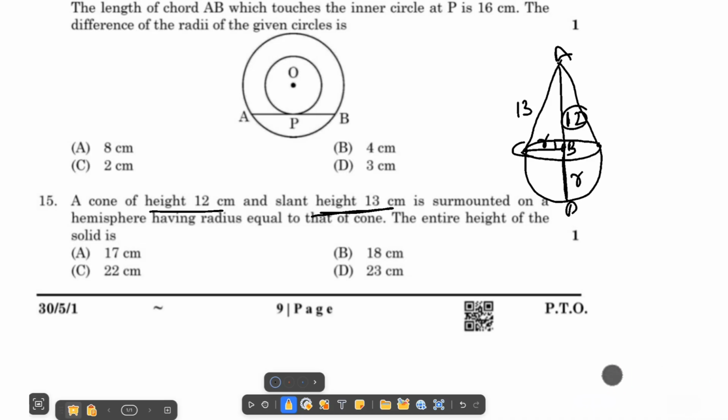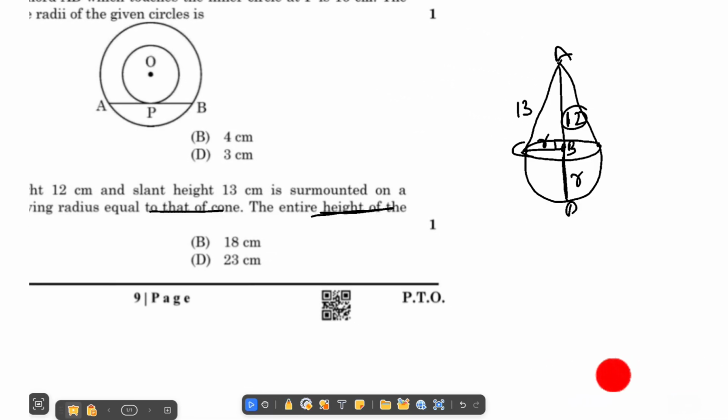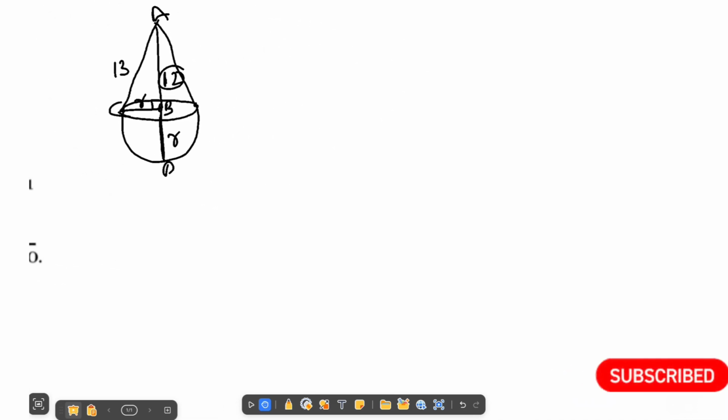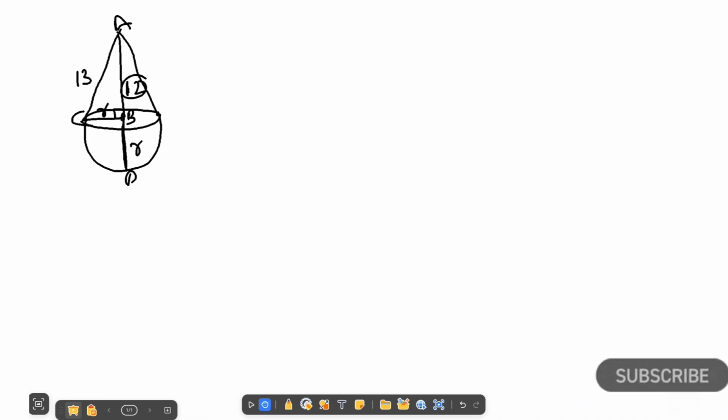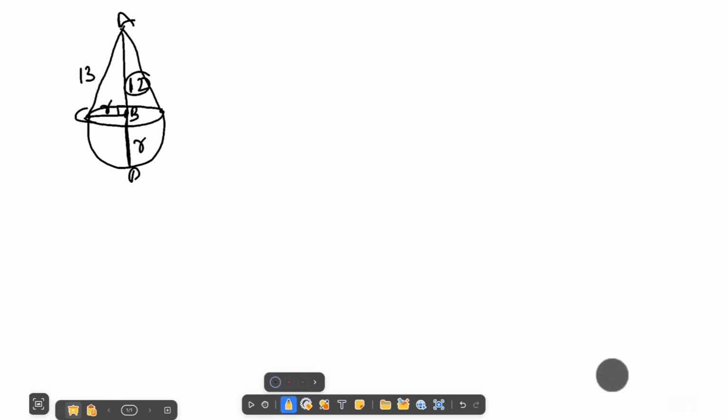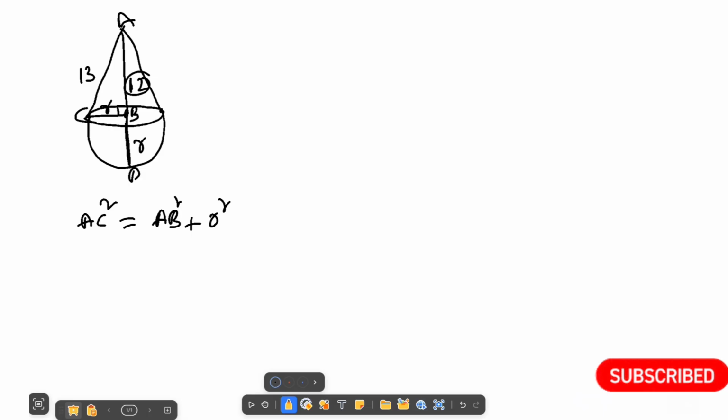Now this ABC is a right angle triangle. Apply the Pythagoras theorem for this right angle triangle. The square of the hypotenuse, AC square, equals the sum of the squares of the other two sides, AB square plus BC square, which is r square. AC is 13, so 13 square equals AB 12 square plus r square.